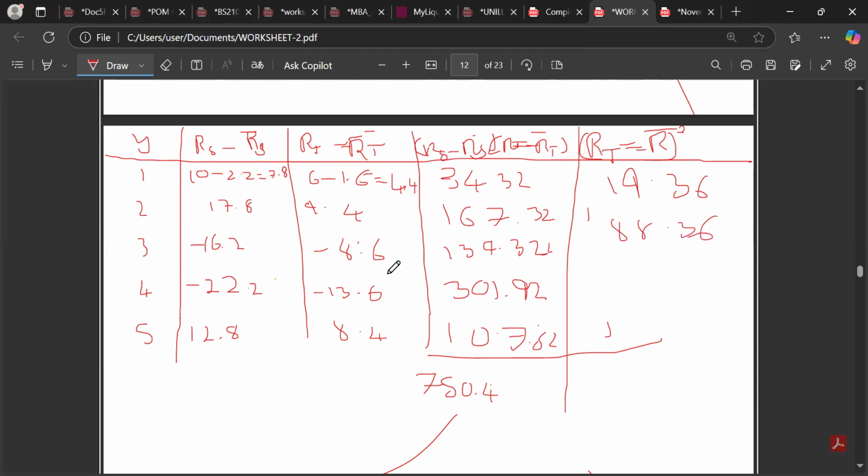Negative 8.6 squared gives 73.96. Negative 13.6 squared gives 184.96. And the last one, 8.4 squared, gives 70.56.